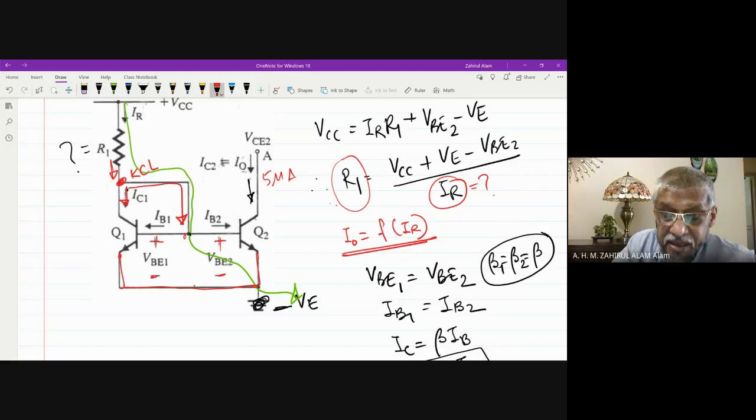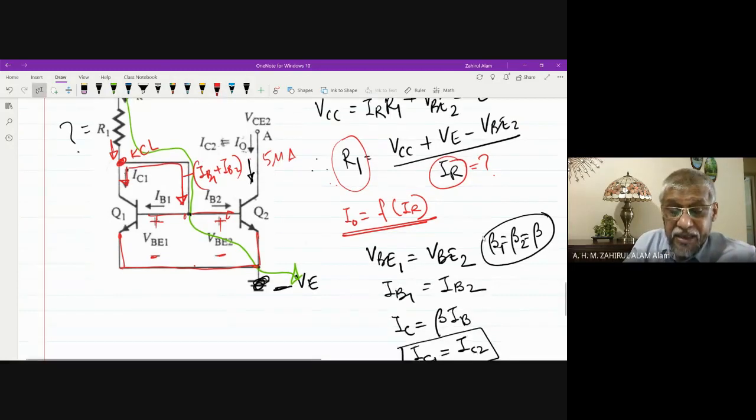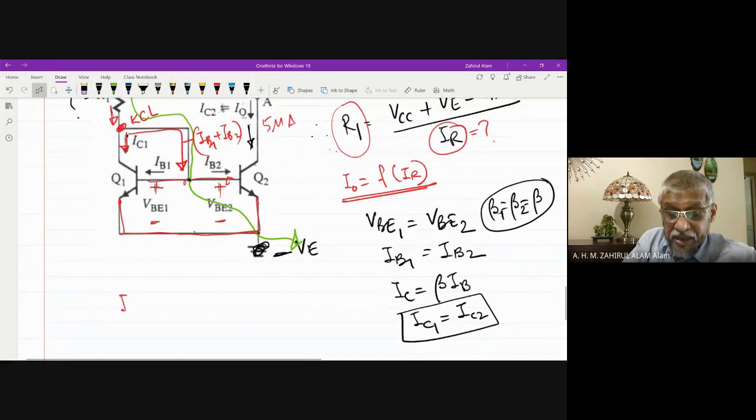But what is this current? This current is again divided into IB1 and IB2. So this current is equal to IB1 plus IB2. So now I can write IR is equal to IC1 plus IB1 plus IB2.